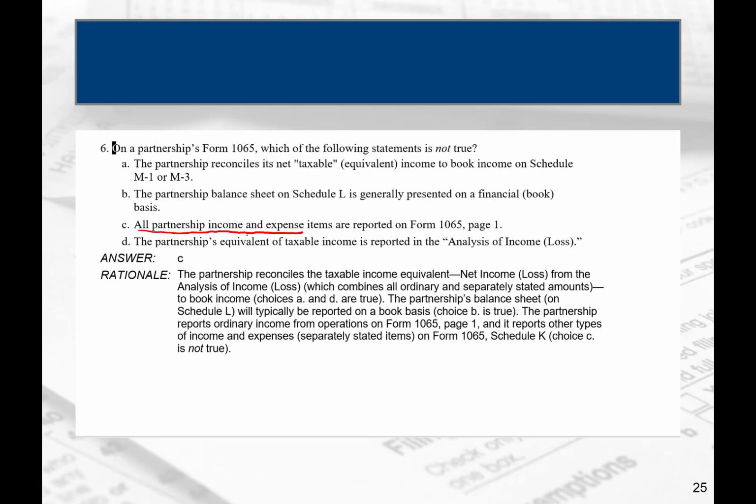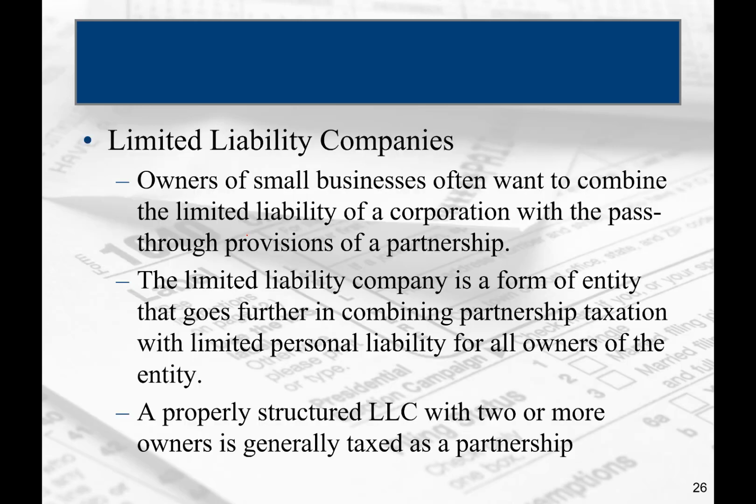Okay. All right. Different types of setups. Limited liability companies, LLCs. This happens when they want the protection of a corporation, but they want the income to pass through as though it were a partnership.